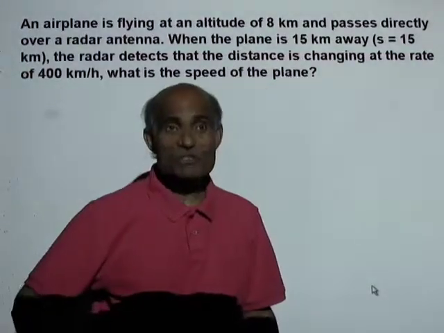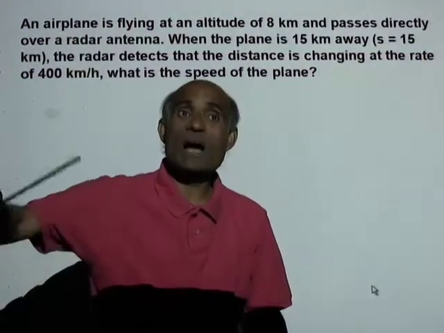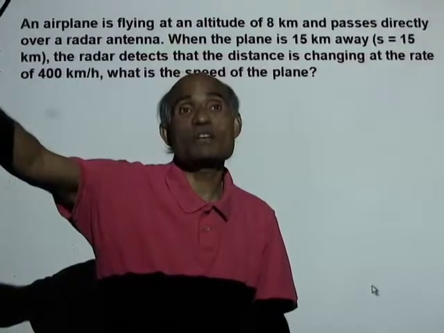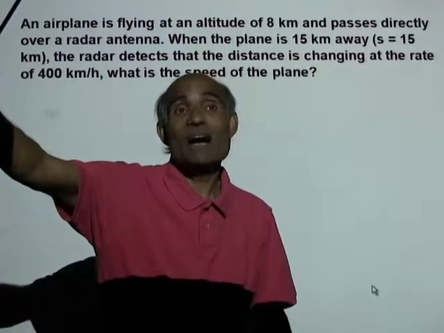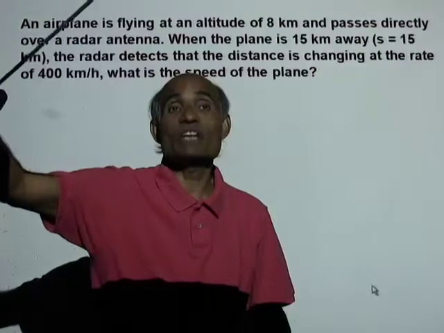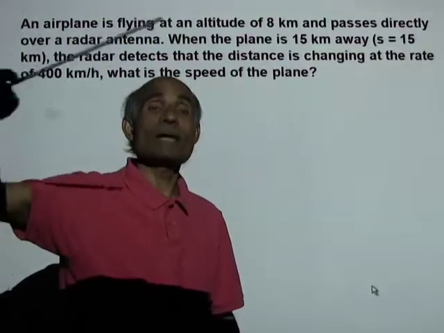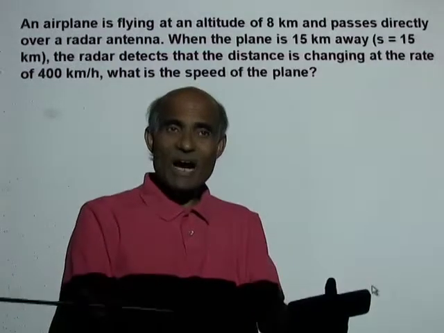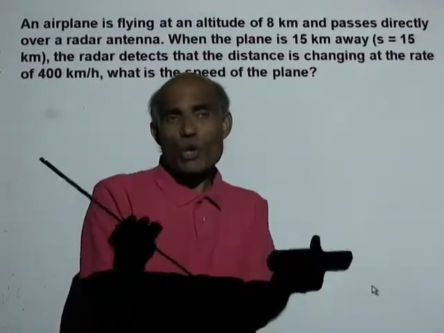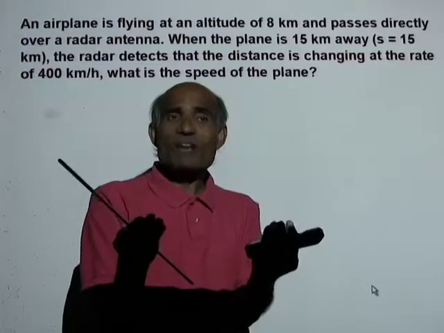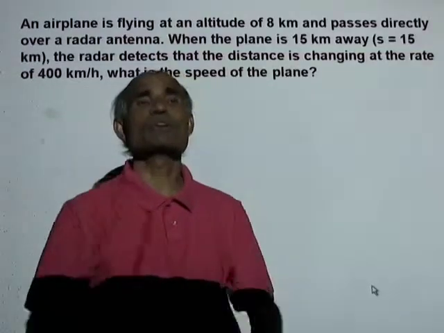Now, the distance between the radar and the plane is changing, and the rate of change of that is given. We need to find the speed of the plane. Can you draw a diagram and figure out what we are looking for?